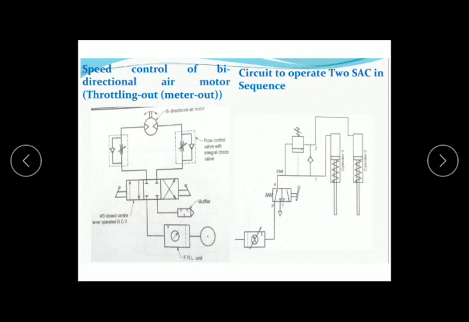Air passes from the check valve in the clockwise direction and returns through this flow control valve and back to the air.